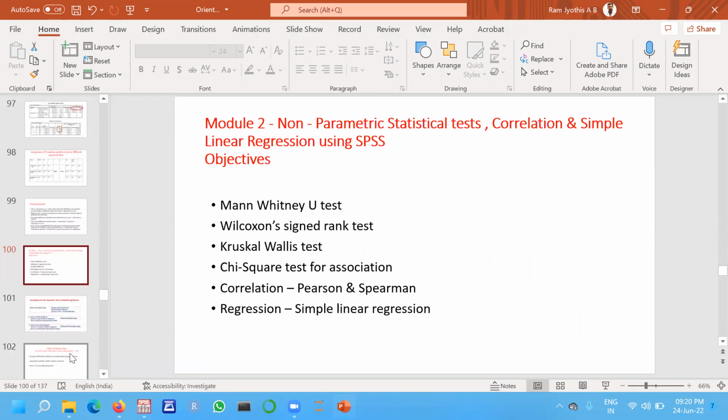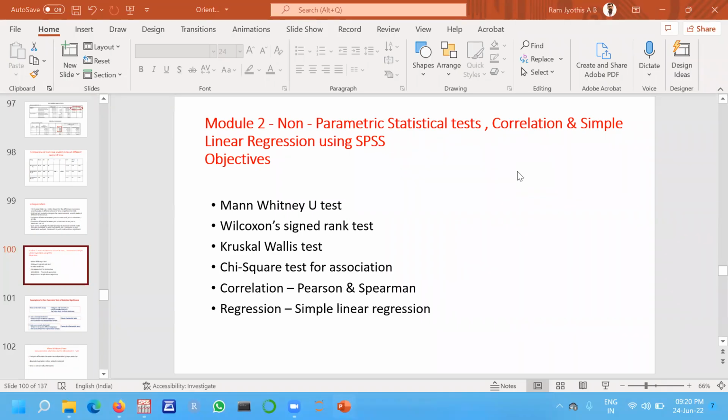Now I am going to the non-parametric tests, along with correlation and regression. Okay. So let me ask one question. Shall I take half an hour more? Can I take half an hour more so that I can finish today?